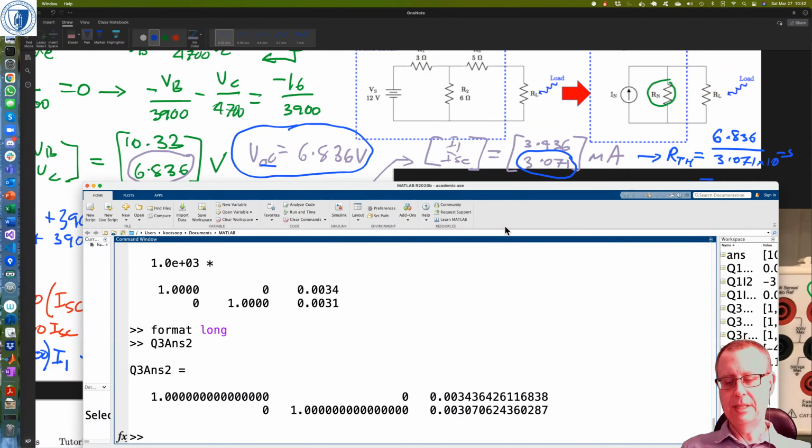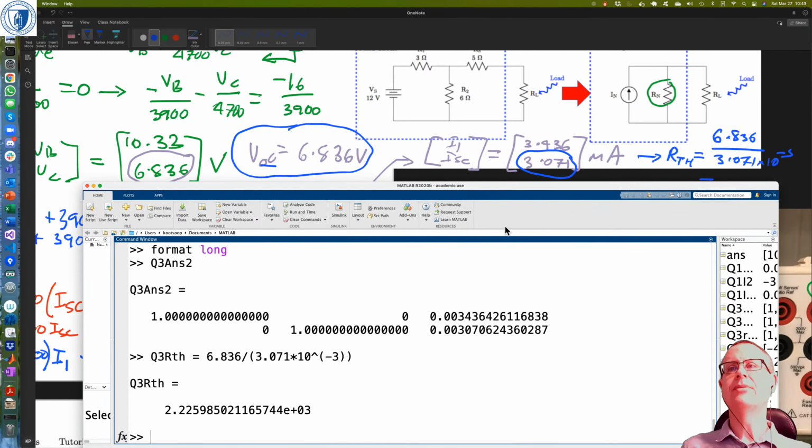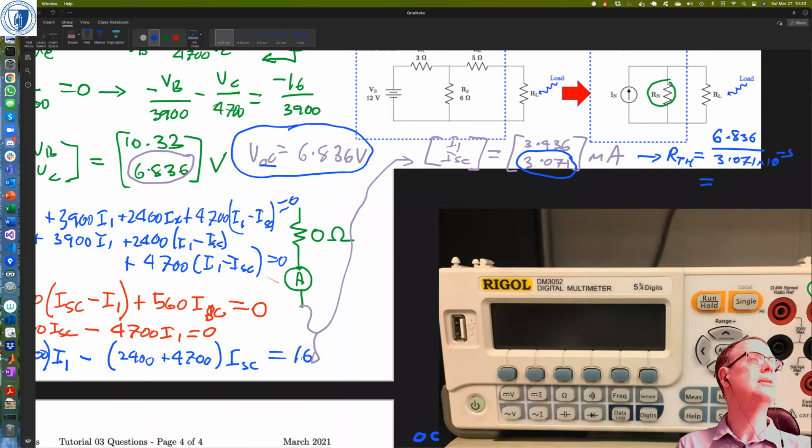Right, so it was VTH, so Q3 VTH, RTH. This is the Thevenin resistance, 6.836 divided by 3.071 by 10 to the minus 3. Right, so it's 2.226 kilo ohms, or 2,226.